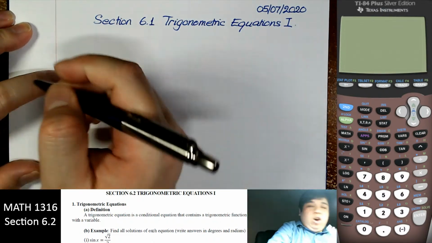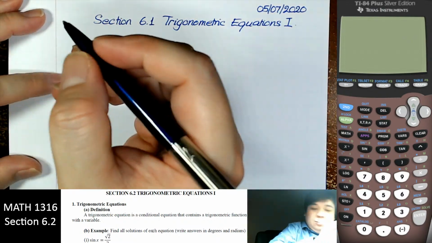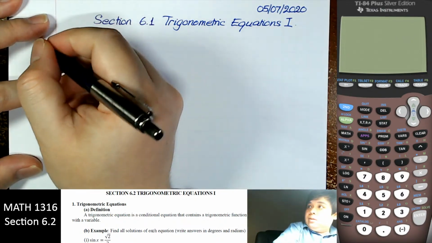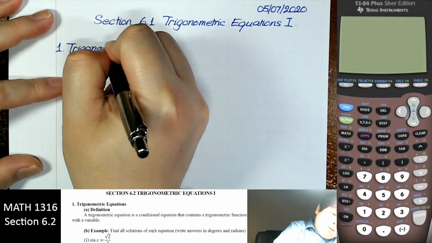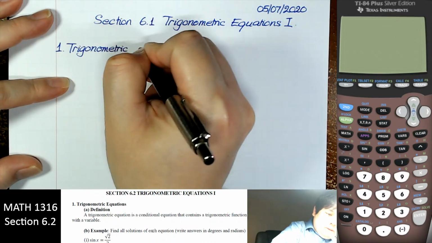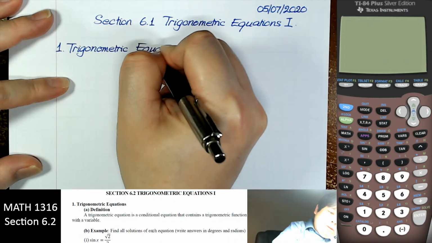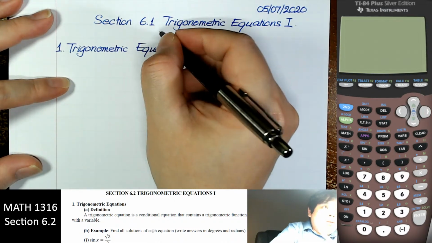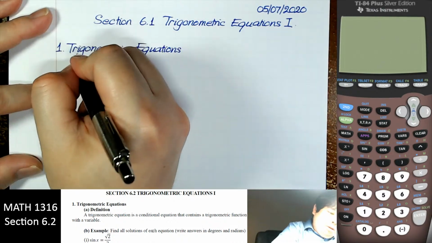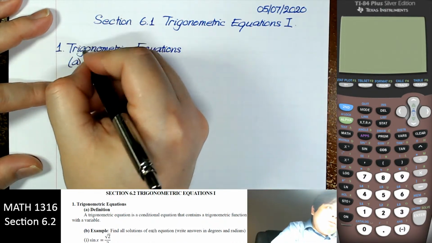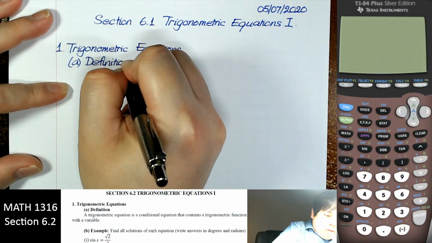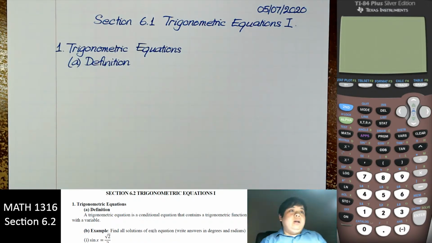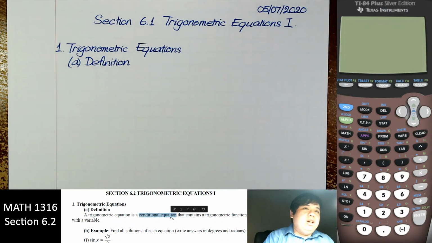So the first part is trigonometric equations. A trigonometric equation is pretty much just a conditional equation.